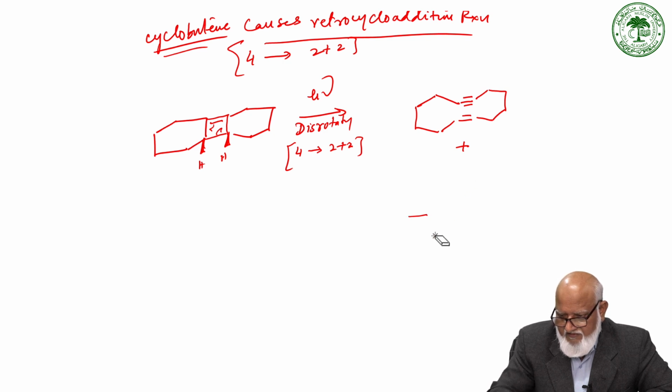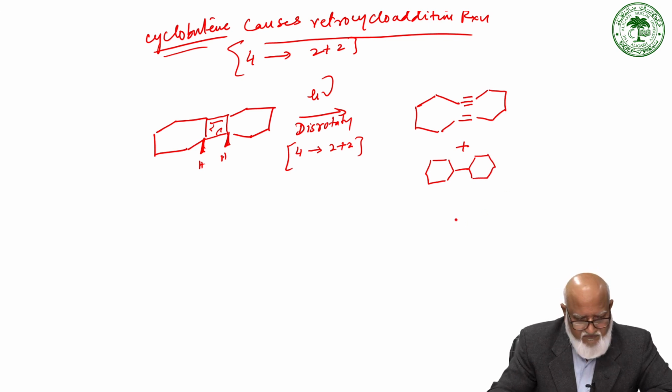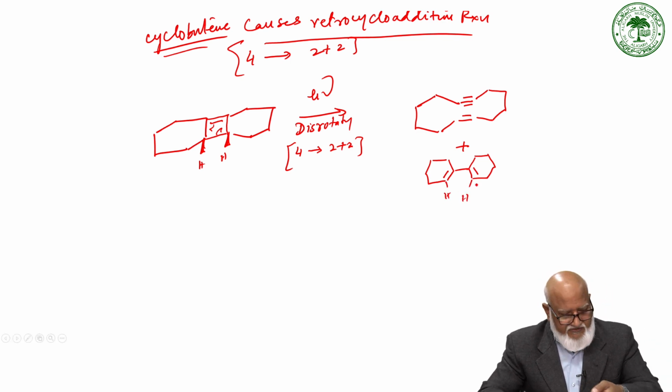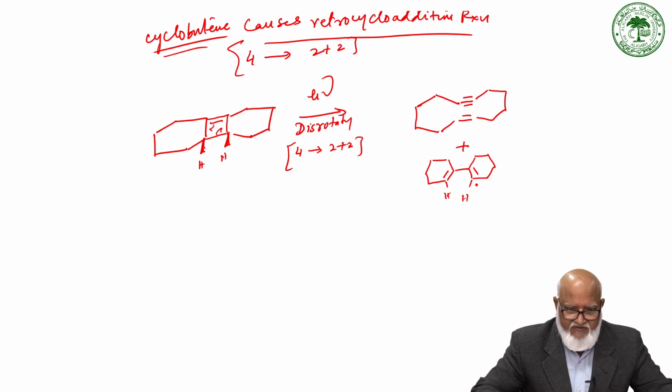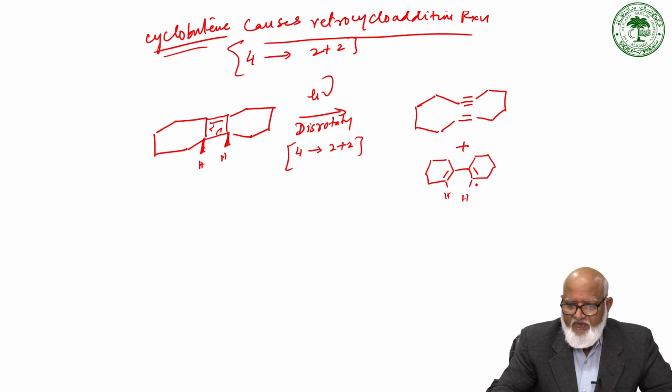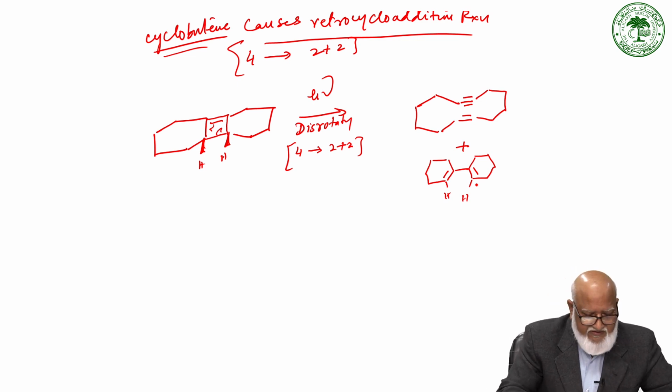So we get two products here, with of course two double bonds here as well as here. So this type of reaction has been reported in the case of cyclobutene, the retrocycloaddition reactions.